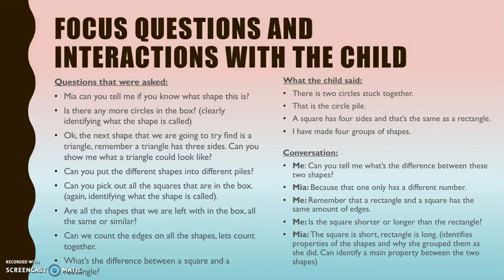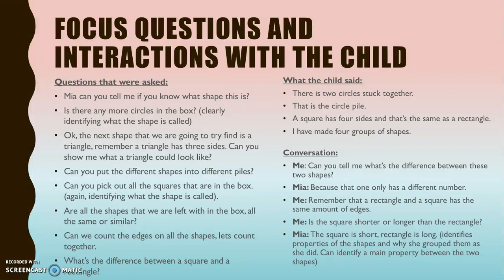Previously to this we had talked about the different sides of the shapes, and we had seen that the square and the rectangle have the exact same amount of sides, they both have 4, but she was able to distinguish that a square is smaller and that a rectangle is long. She was even able to identify that a square has 4 equal sides where the rectangle doesn't. Just a couple of things that she had stated.